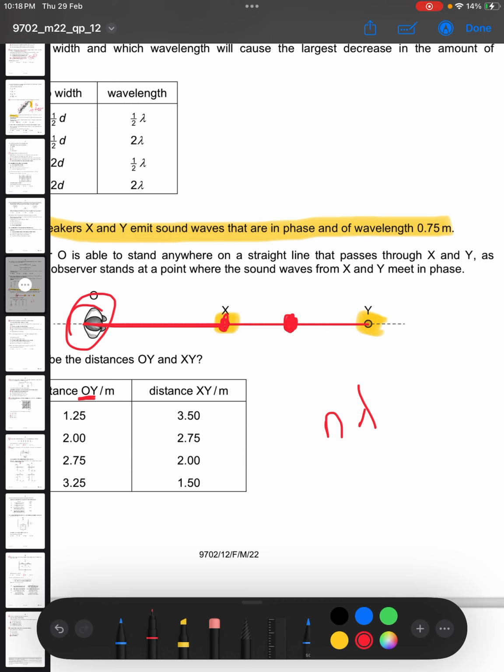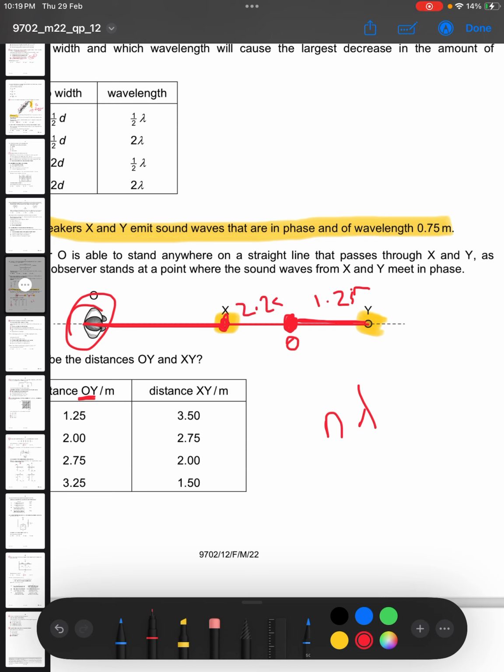So if the distance from O to Y is 1.25, then the distance from X to O will be 3.50 minus 1.25, because from X to Y, remember, is 3.50. That will give us, I think, 2.25.